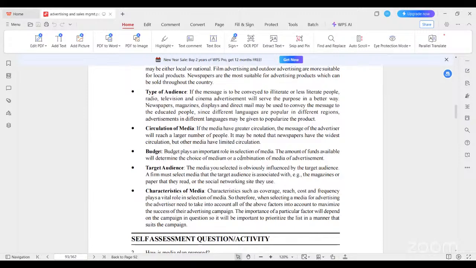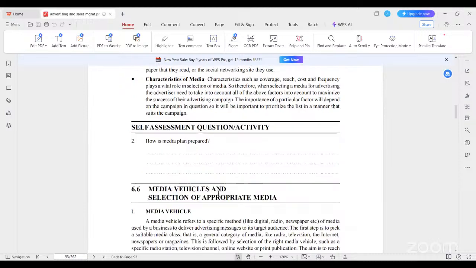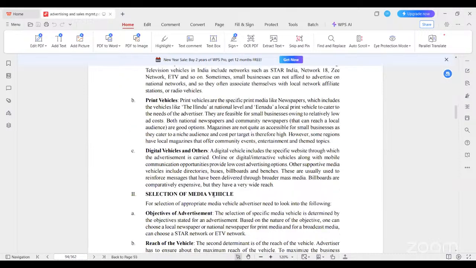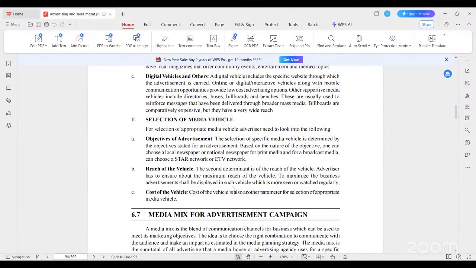Then, after deciding how much budget we can allocate for the media, we need to go with selecting the media channel. While selecting the media channel, we have to go with various options. What are those options?